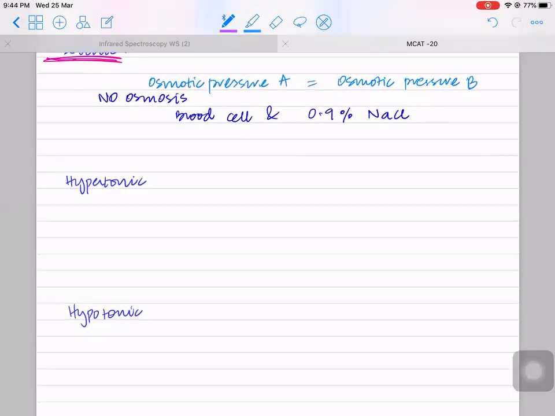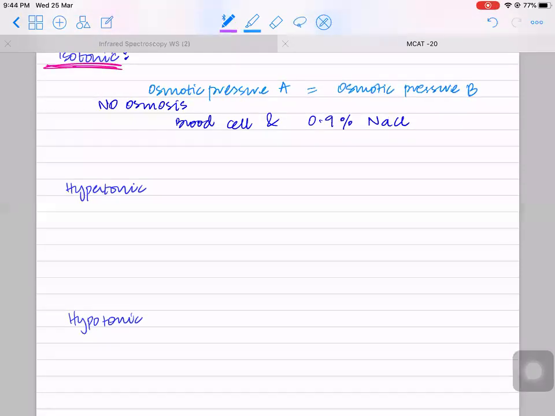A hypertonic solution would be where the solution has greater osmotic pressure compared to the other one. So if I say B will have a greater osmotic pressure compared to A, right?